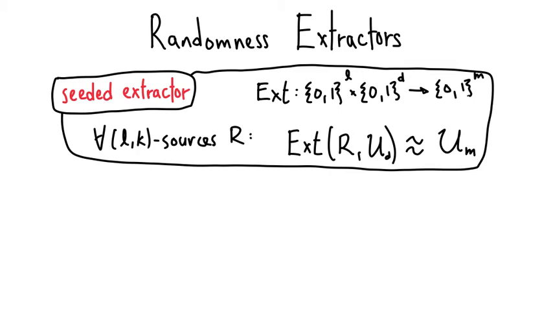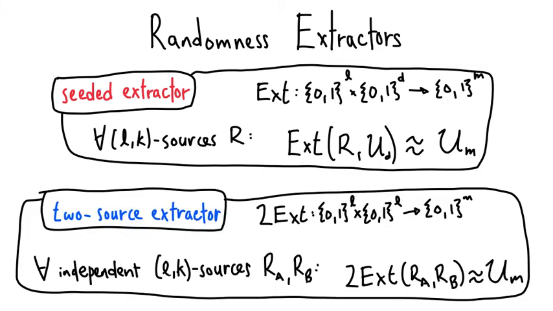The promise of a seeded extractor is that for any source with sufficient min-entropy, if I give it the source and random seed, its output should be close to uniform. Here U_d or U_m denotes the uniform distribution on d or m bits respectively.